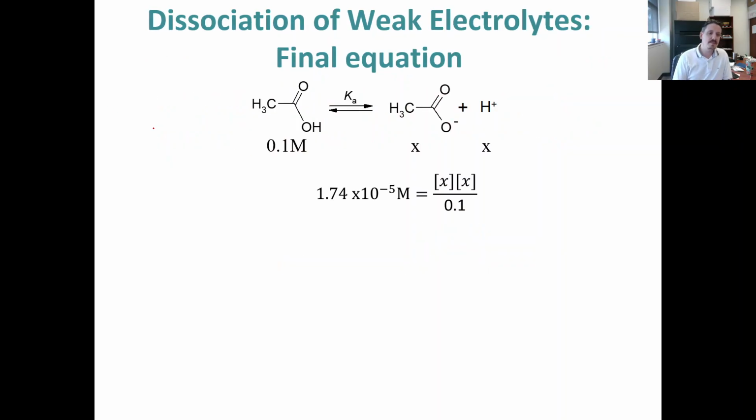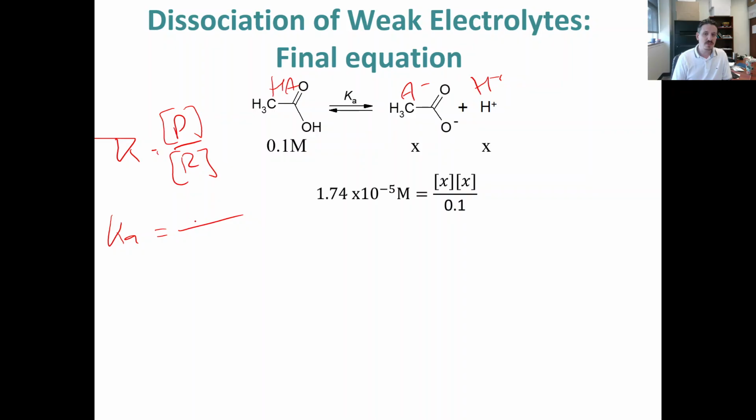So we know the formula K equals products over reactants. In this case, there are two products, and we are working with an acid. So Ka equals, if this is HA, this is A minus, and this is H plus, Ka equals A minus times H plus over HA.